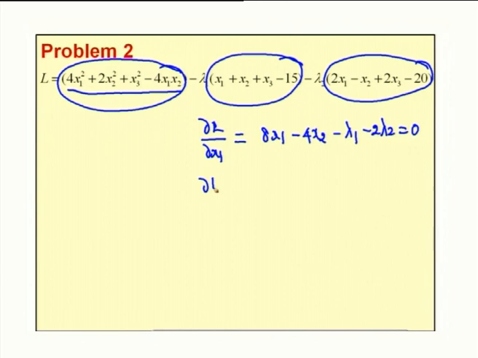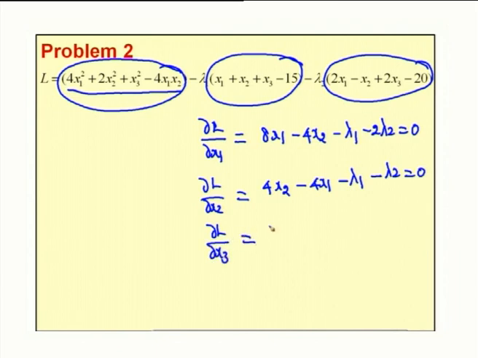The next condition, dou L by dou x2 equal to 0, gives us 4x2 minus 4x1 minus lambda 1 minus lambda 2 equal to 0. The third necessary condition is dou L by dou x3 equal to 0, which gives us 2x3 minus lambda 1 minus 2 lambda 2 equal to 0.